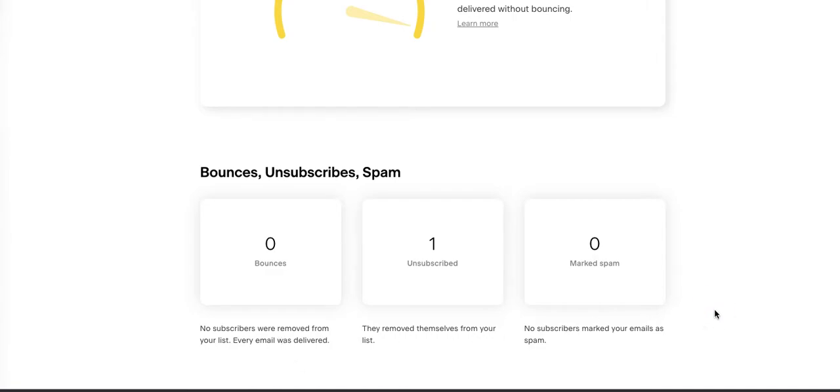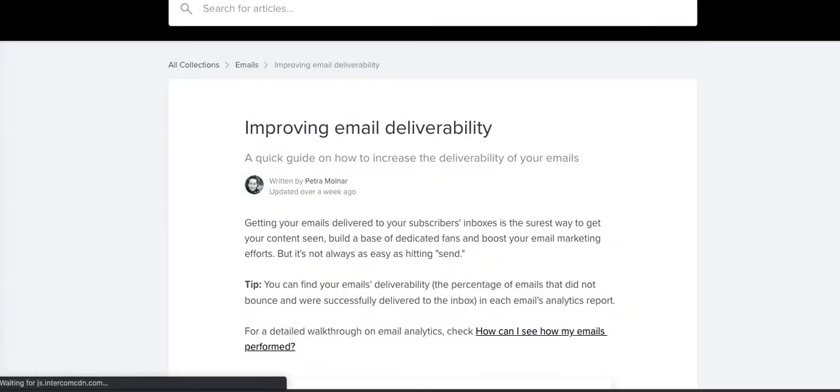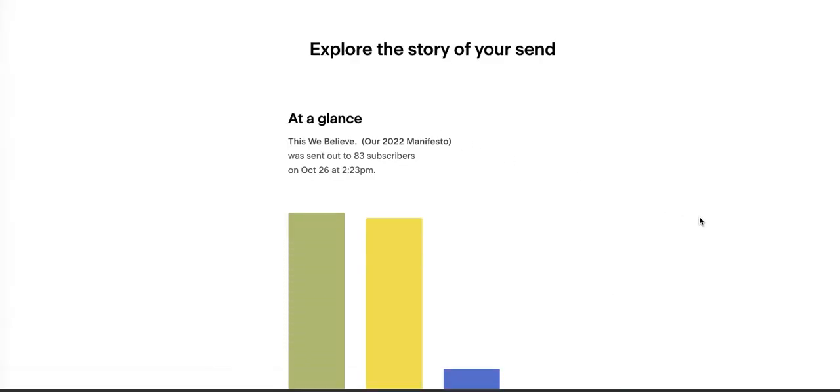Every email was delivered. Well, that doesn't make total sense because this says that 2 weren't delivered. So, all right, we're not going to actually read their improving email delivery help file here, but there's a little bit of a point of confusion there. I'm sure that's just my own not understanding the way that they are choosing their words.